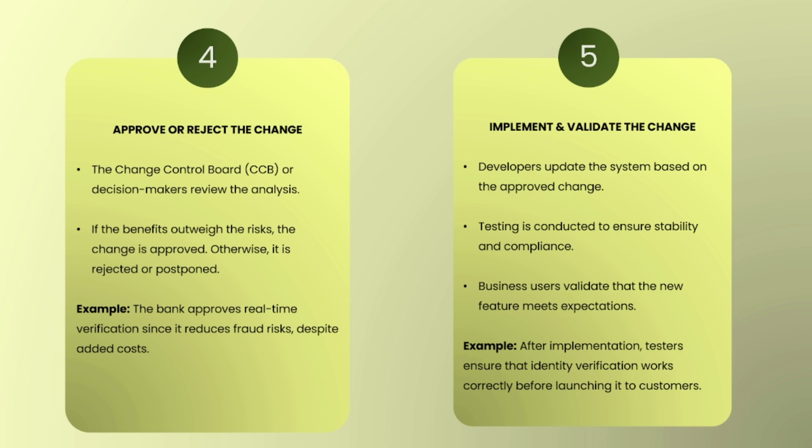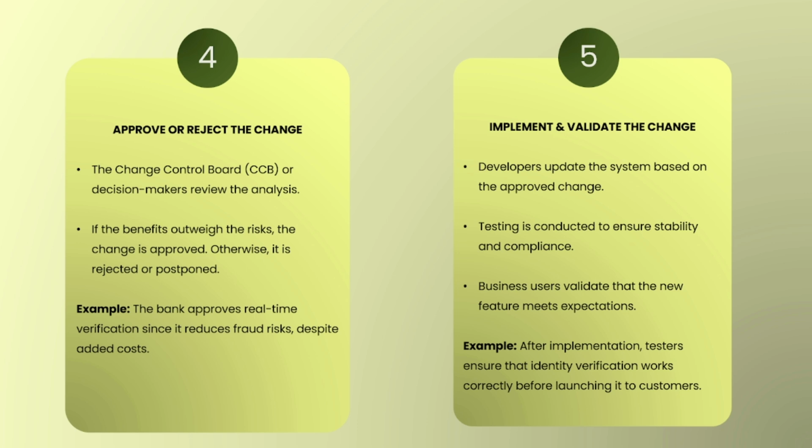What I'm trying to tell you is that developers start coding, working on it and implementing the changes. Then testers, that is the QA team, conduct testing to ensure stability and compliance, meaning they check that the flow is working as per expectation. Then the UAT team, that is from the business users, validates that the new feature meets the expectation. So our real time identity verification will be the same.